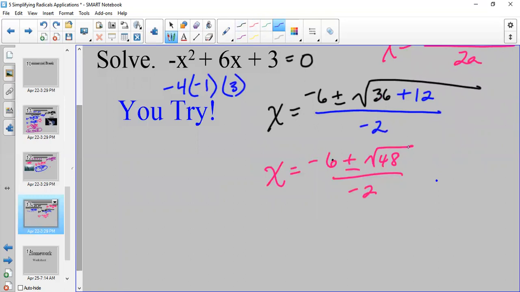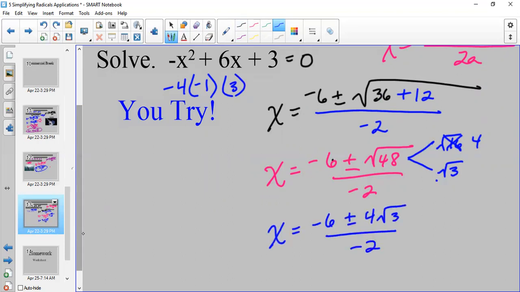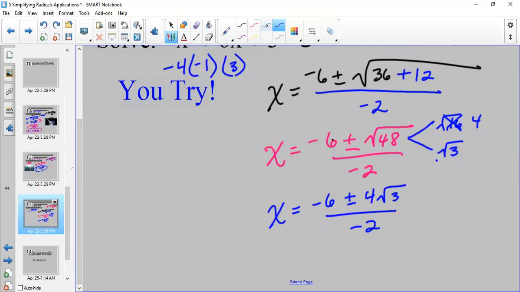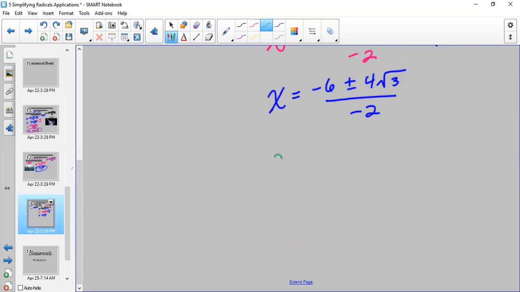If I split 48, that would be 16 times 3, which is 4 square root of 3, all over -2. And I can divide them all by 2. So in this case, it would be -3 plus or minus 2 square root of 3 all over -1.